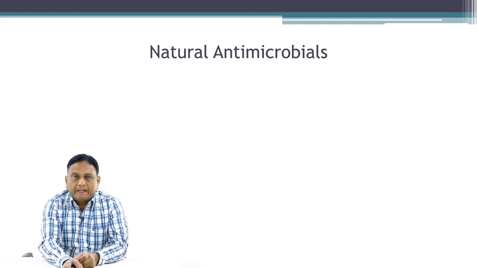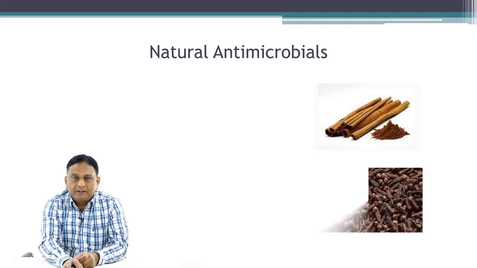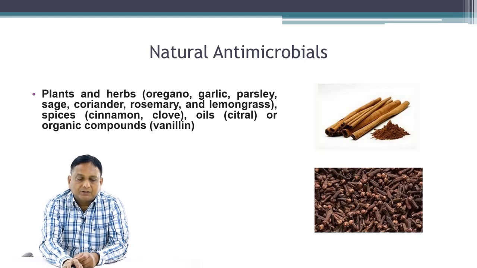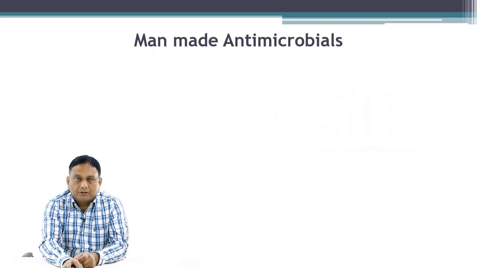There are a lot of natural antimicrobials available in nature, like plants, herbs, leaves, flowers, etc. As we can see in the images, examples are garlic, coriander, rosemary, lemongrass, then spices like cinnamon, cloves, oil like citral, then organic compounds like vanillin. So different natural antimicrobials are available in nature.